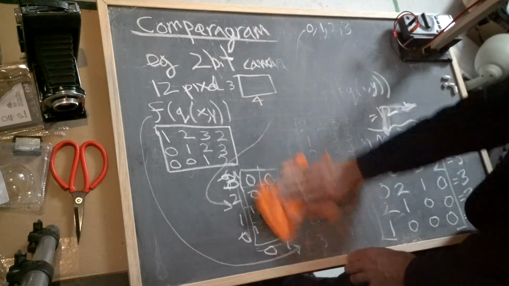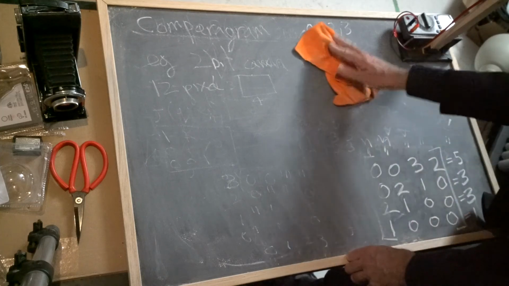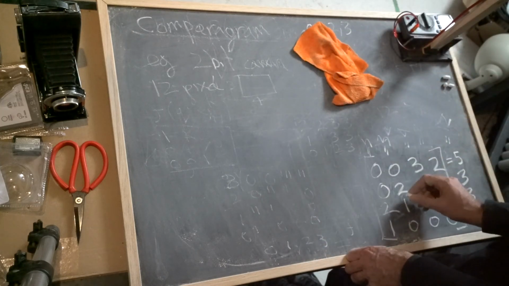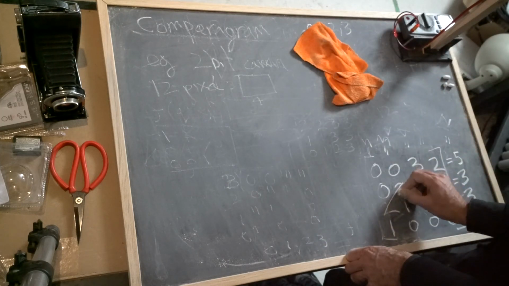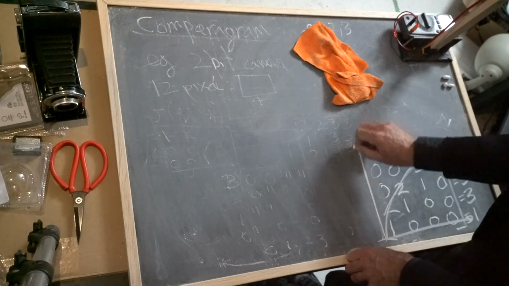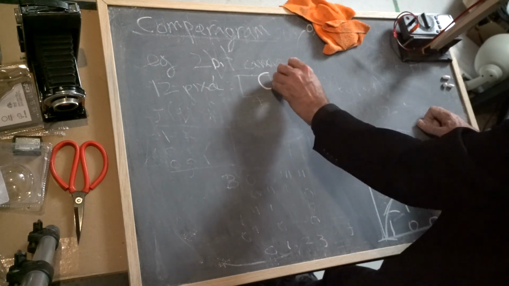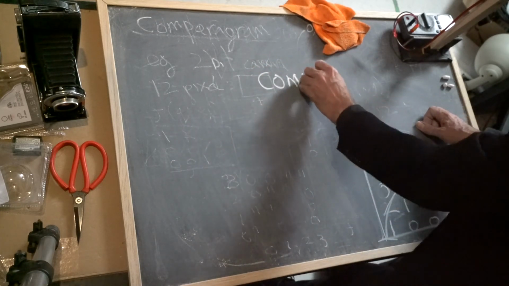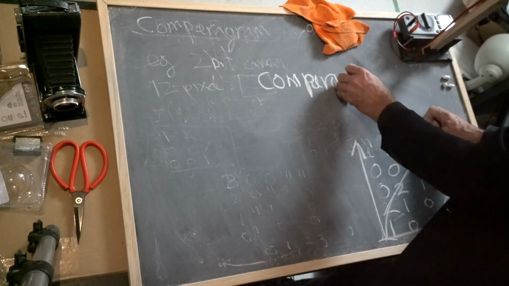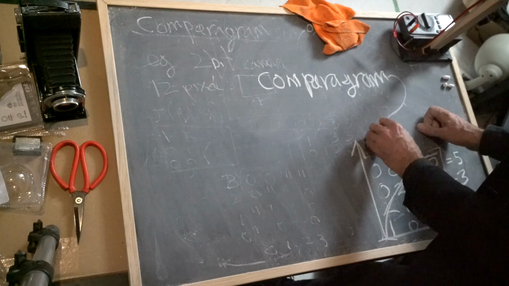And now what I want to do is say, okay, this is a comparagram. And if you tried to fit data through this, you could see, well, it's really high here. It's like this. And so this is a comparagram. It's an array.